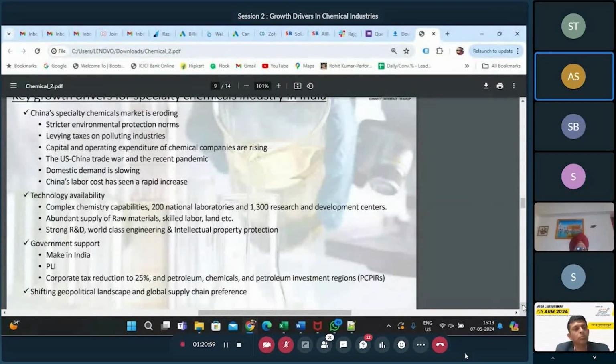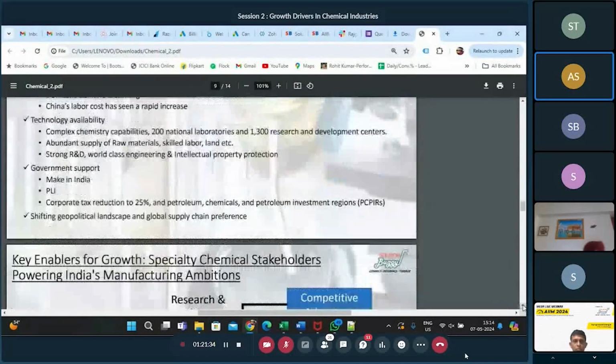The PLI scheme, as stated by Ms. Nirmala Sitharaman last year, has budget available, although it is not yet allocated for the chemical industry. But they do understand the requirement, and this is going to be implemented soon in the chemical industry, particularly for agro and pharmaceutical intermediates, as well as in the dyes segment. And of course, the geopolitical landscape. So we see that the specialty chemical industry in India will definitely grow.